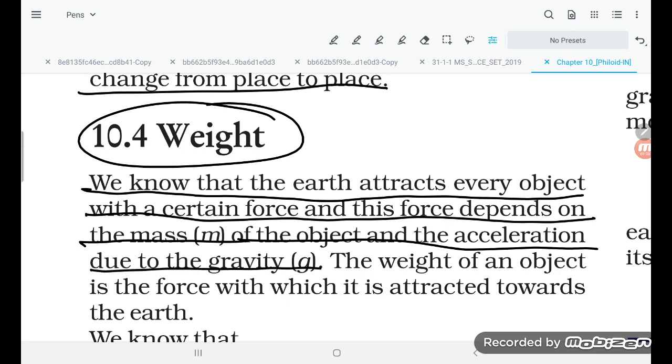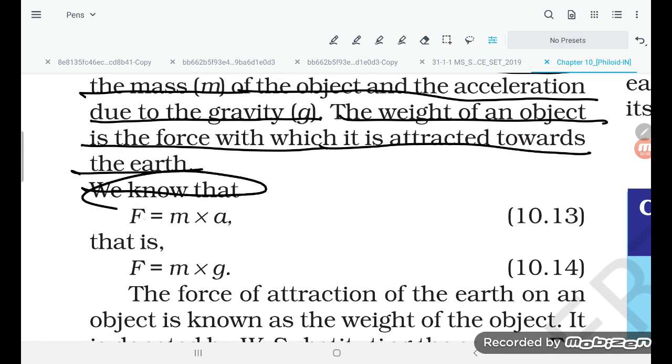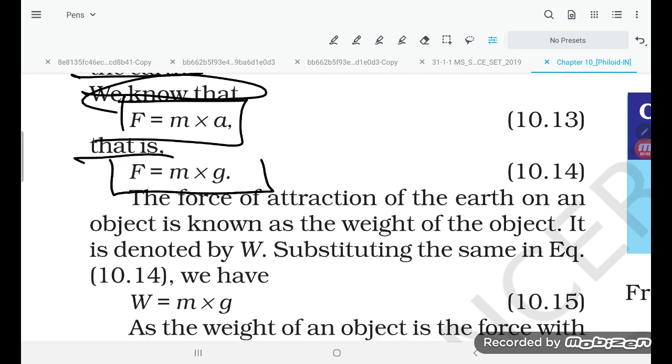Weight is the changeable thing. The weight of an object is the force with which it is attracted towards the earth. That is what is called weight. We know that F is equal to m into a, that is, F is equal to m into g, because the acceleration is replaced by the acceleration due to gravity.